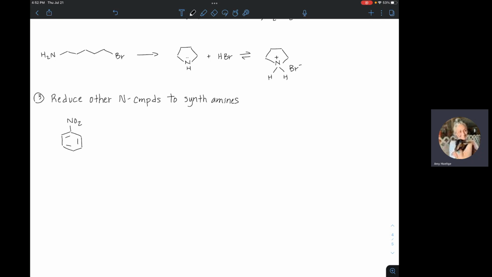You could take, let's put an electron withdrawing group para there. We'll take hydrogen gas, we'll take a metal catalyst, a good one. Platinum is good. And I would get the aniline.